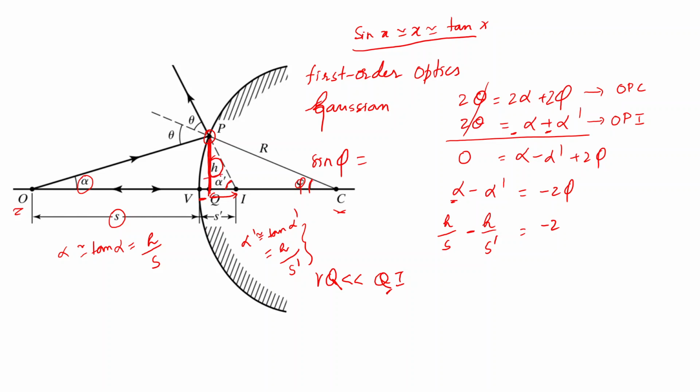Sine phi is going to be the opposite side, H, divided by the hypotenuse, R. So this is going to be minus 2H by R. Now I can pull out the H's all throughout, and I would get 1 over S minus 1 over S prime is equal to minus 2 by R.